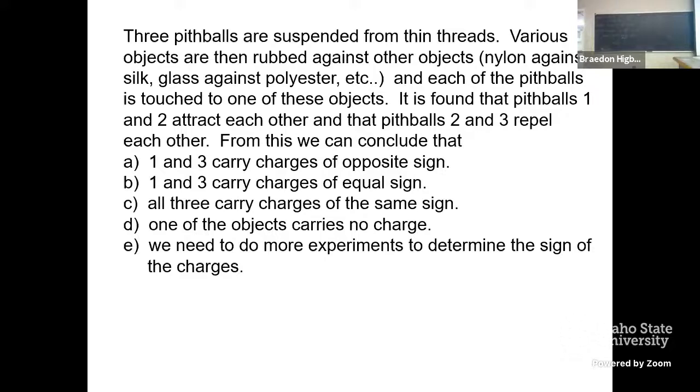We could possibly need more testing. Okay, because since 1 and 2 attract, we know that 2 has to be charged because it's repelled from 3. You only get repulsion if things have the same charge. But 1 could either be of opposite charge to 2 and also opposite 3, or it could be neutral. We do not know, is what you're arguing. Correct.